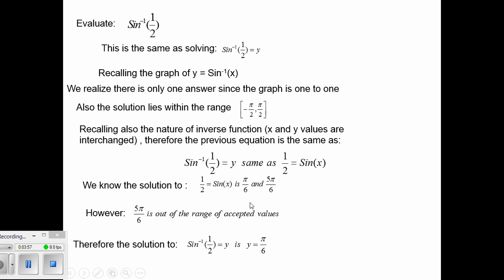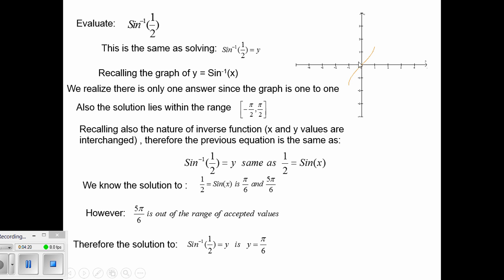That's the thing we've got to bear in mind. So the 5 pi over 6 is excluded because it's out of the range of the graph of the inverse sine, and ultimately, the inverse sine of 1/2 is simply the single value solution of pi over 6.